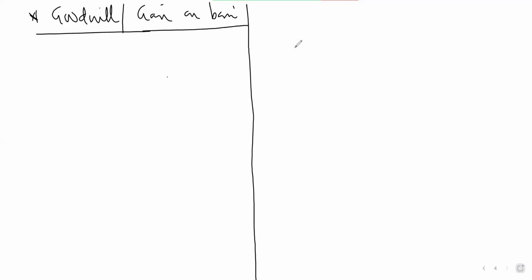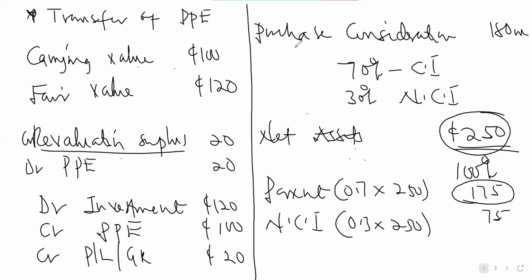So I want to tell you that the first thing that you have to do is to see whether the acquisition is being done at a goodwill or there is a gain on bargain purchase. Okay, so we have looked at how we should calculate the goodwill now.